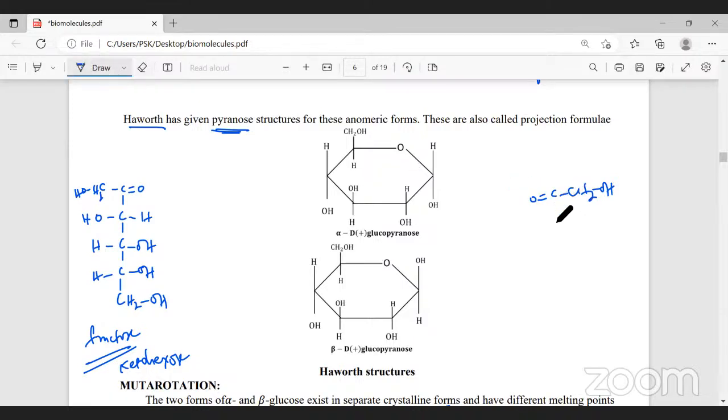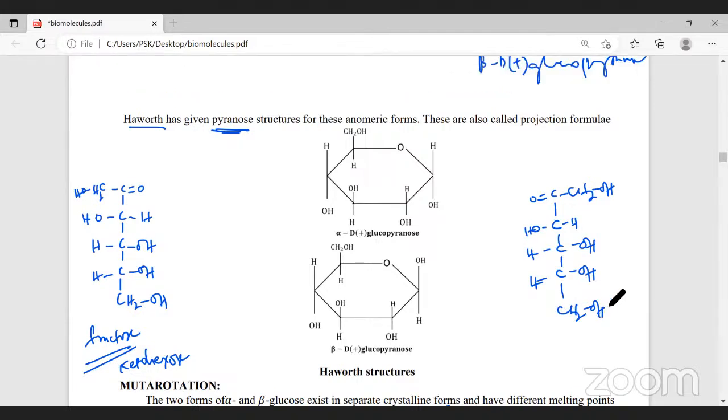Here it will be CH2OH, then OH, H, OH, H, and CH2OH. This is the open chain structure of fructose. Now this fructose is also called levulose, L-A-E-V-U-L-O-S-E. It is levorotatory. It rotates the plane polarized light to the left-hand side. Therefore, it is called levulose.